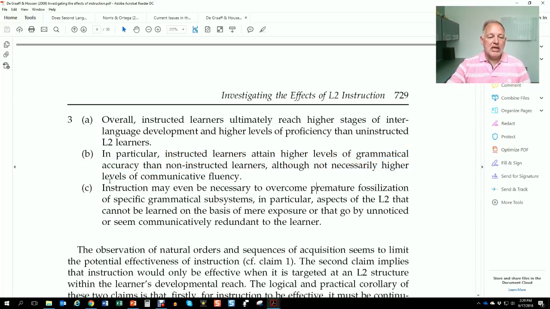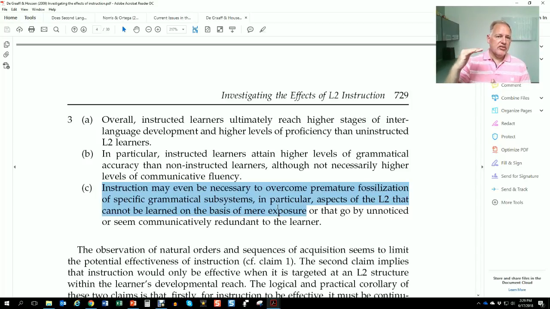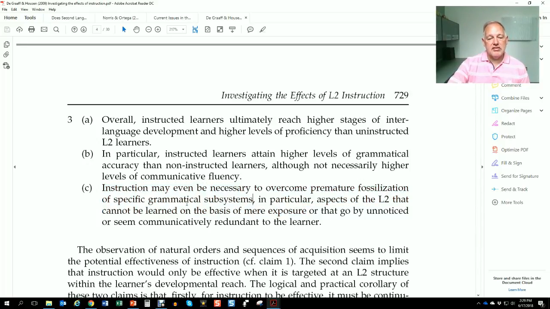And in some cases, instruction may even be necessary to overcome premature fossilization. Fossilization is when you attain a certain level, and maybe even proficiency, but your forms are incorrect, and over time those become stuck. They become fossilized. So instruction might be necessary to overcome the premature fossilization of specific grammatical subsections.